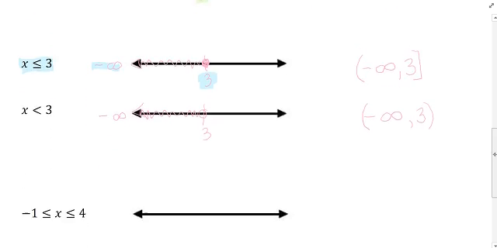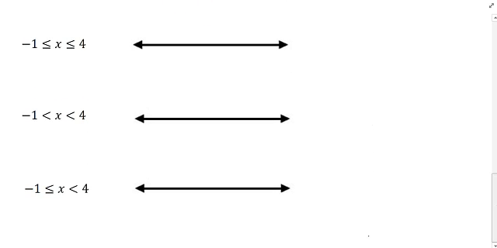All right, now let's look at some compound inequalities. So this is the exact same compound inequality. The only difference is whether it's less than or equal to or just a less than. All three of these are between -1 and 4. So if I go from -1 to 4, this first inequality says x has to be greater than or equal to -1.